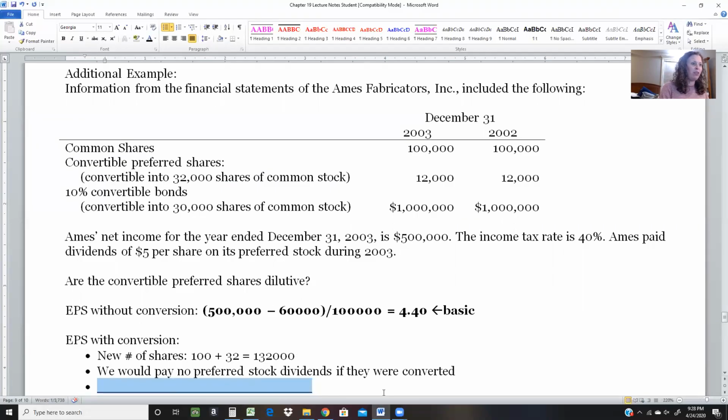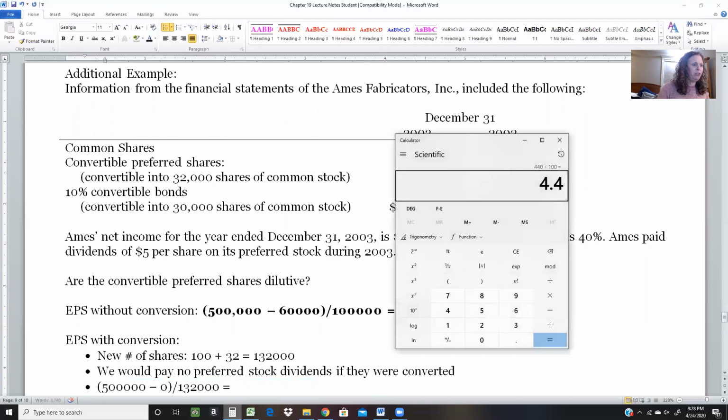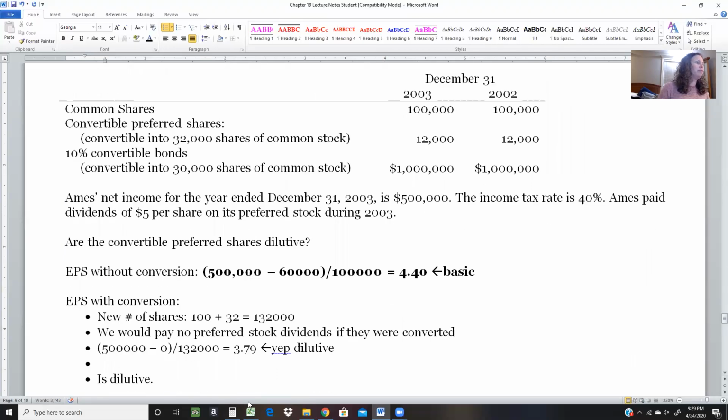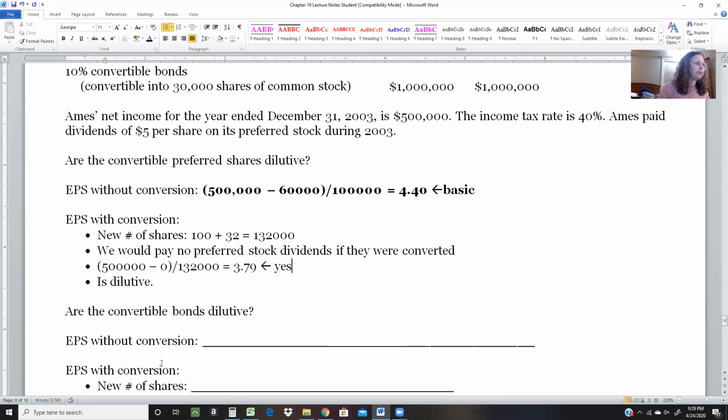So to calculate if it's dilutive or not, we would do 500,000 minus 0, and then divide by 132,000. So 500 divided by 132, 3.79. So yep, it's dilutive. Okay.